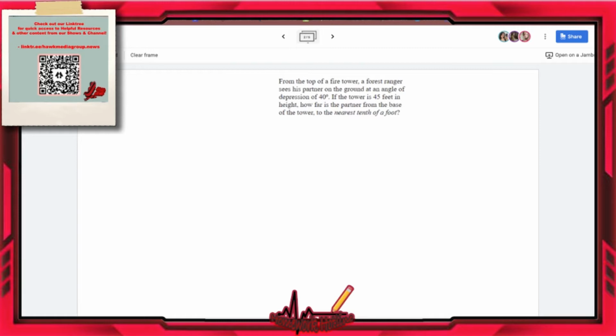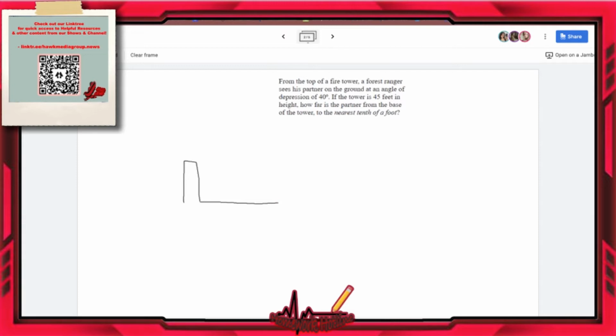The first thing we have to do in problems like these is draw a picture. We're going to start with the tower, and we'll draw the ground right next to it, assuming the tower and the ground create a 90-degree angle.